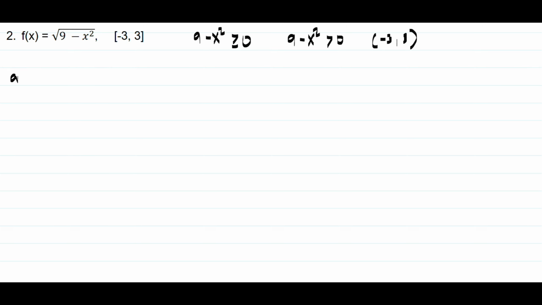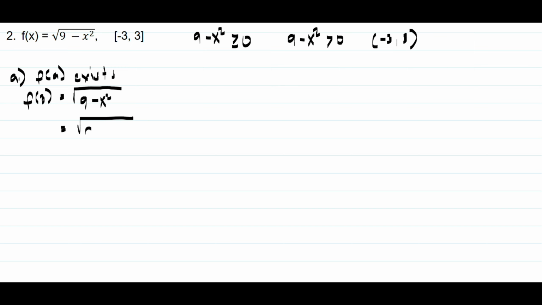So let us have the first one. Let us check that f of a exists. So let us have f of 3 equals square root of 9 minus x squared. This will give us 9 minus 3 squared, and that is 9 minus 9, that is 0.